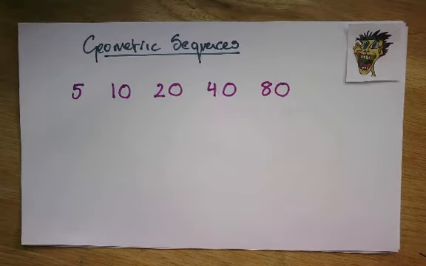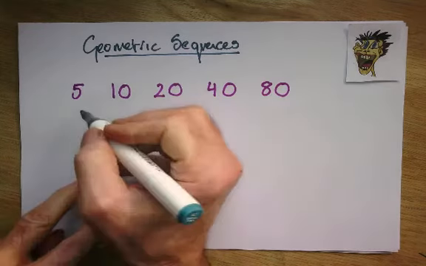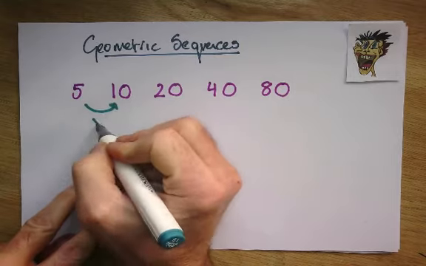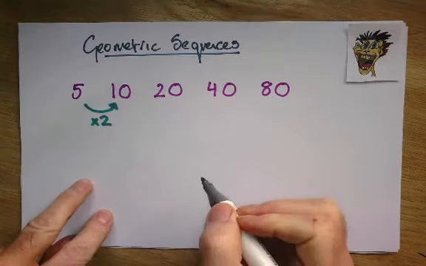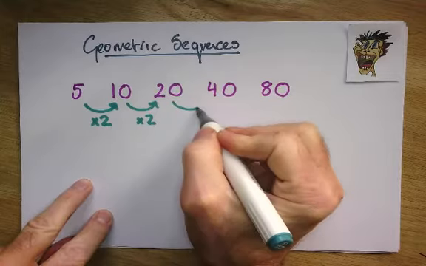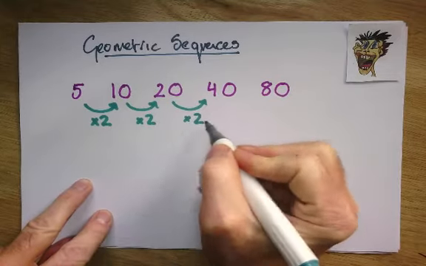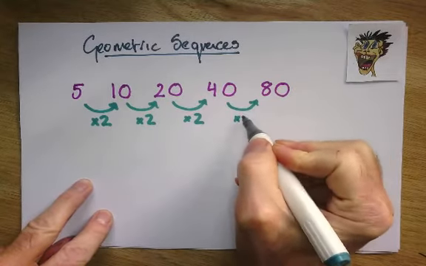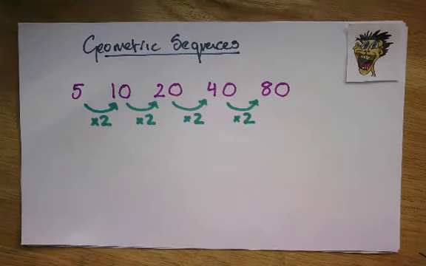So you can see here there's a sequence, and you might be able to spot what's happening each time. It goes up by multiplying by 2.